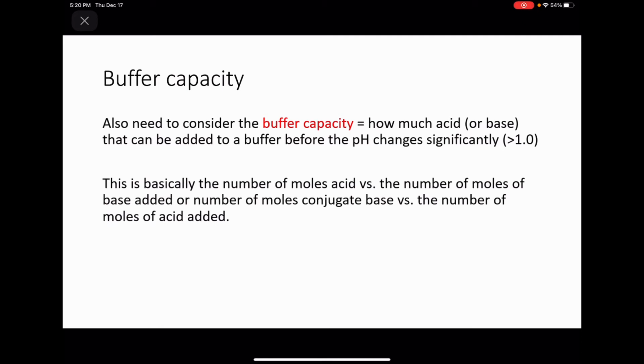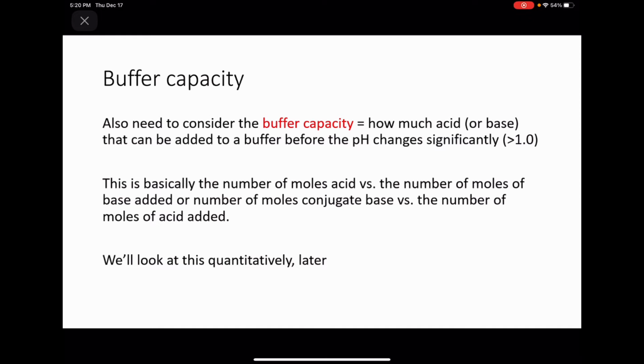And so this is basically a calculation of, hey, how many moles of my acid do I have in my solution versus the number of moles of base likely to end up in my solution, or how many moles of conjugate base do I have in my solution versus the number of moles of acid that are added to it. We will explore this idea of buffer capacity quantitatively a little bit later, because right now we still don't know how to make a buffer.